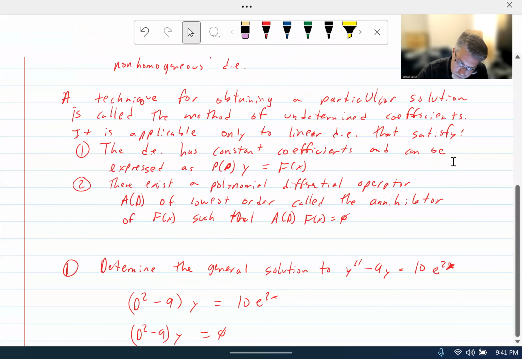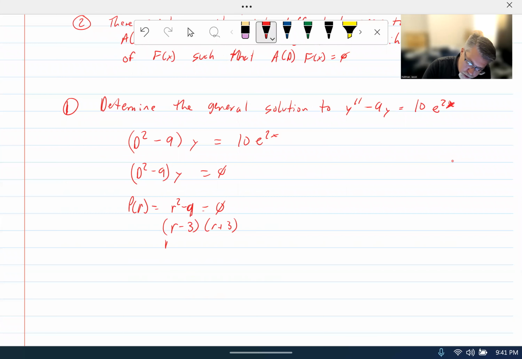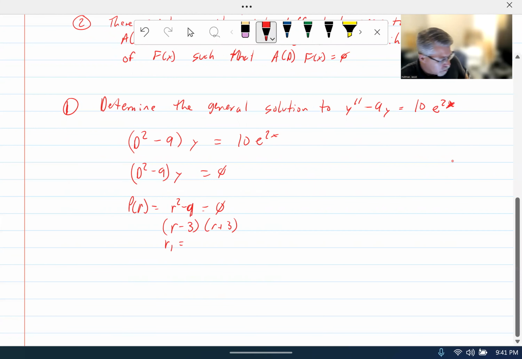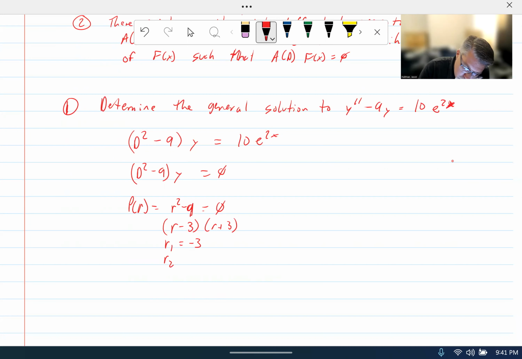We have r1 equaling negative 3 and r2 equaling 3, both multiplicity 1.